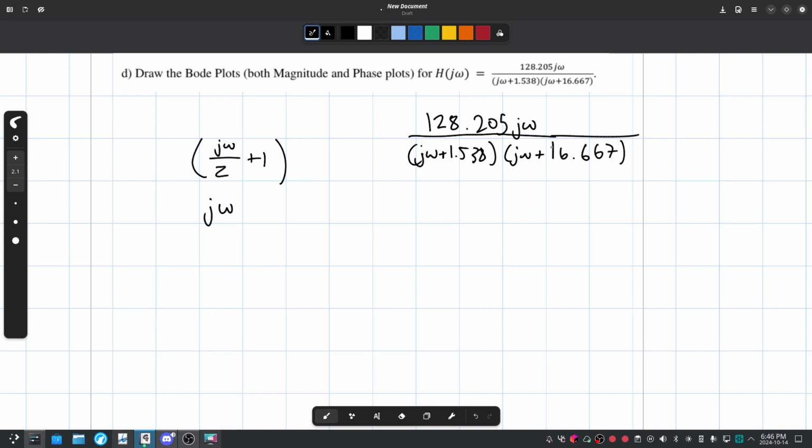So you'll see we have jω in the front, and we have not the correct formats on the bottom. We need to transform those. How do we do that? Division. This is algebra. You should know how to do this. So we are going to divide all of this by 1.538. We're going to take out the 1.538. And likewise for the other term.